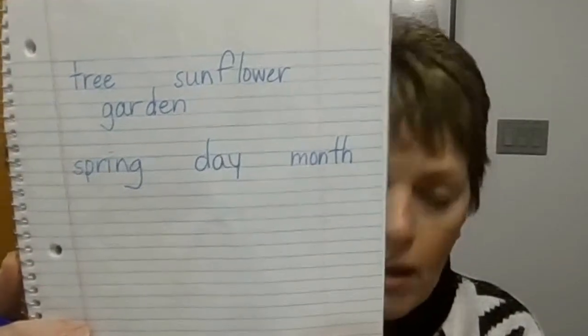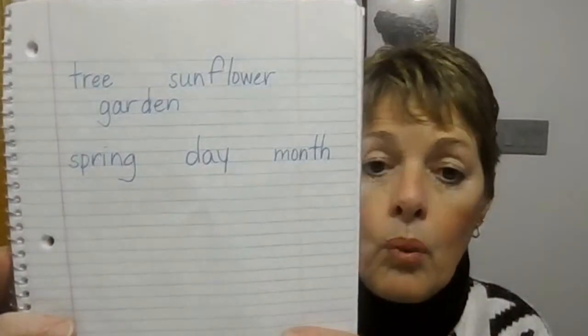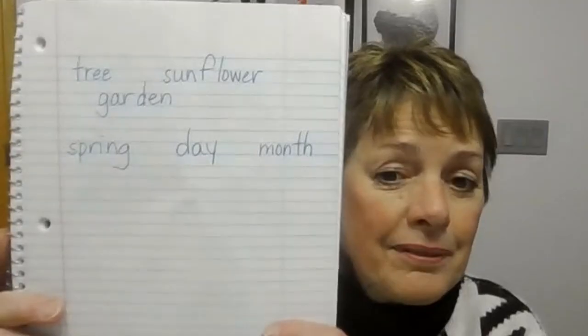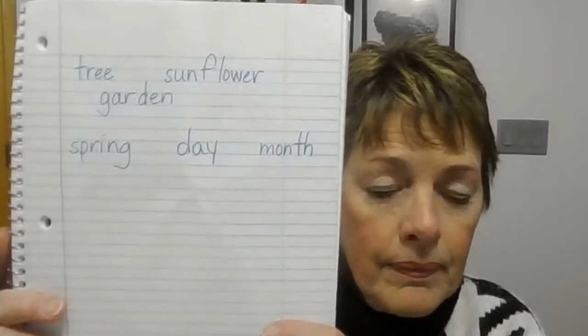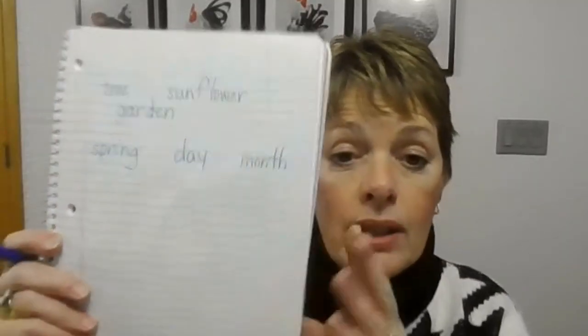Okay. The where. Where are we going to plant? In front of the school. There's a flower garden out there. We could plant sunflowers in a flower garden in front of the school.